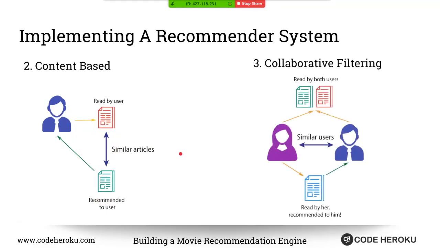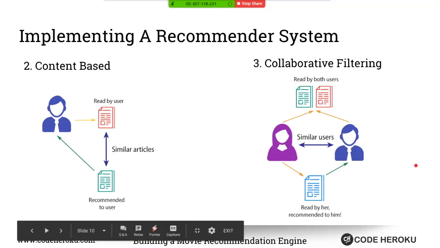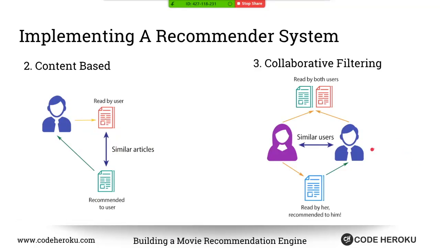And the third one is something which was made popular by Netflix. It's called collaborative filtering. This is essentially like peer-to-peer suggestions. So you know that these two users are similar. User A has read the green item, and you know that these two are similar because user B has read this item as well.